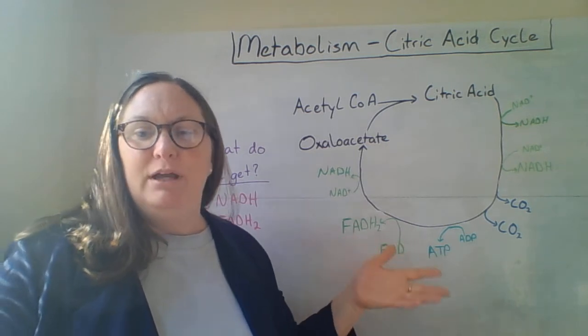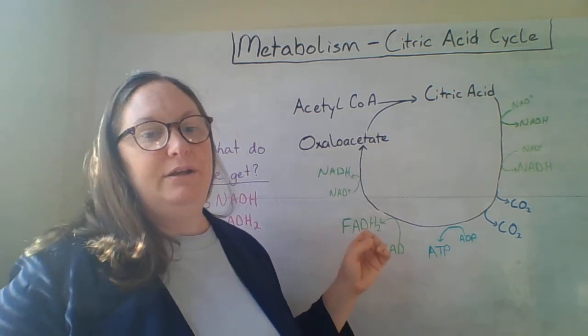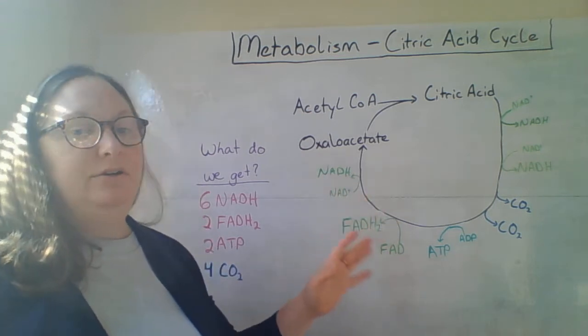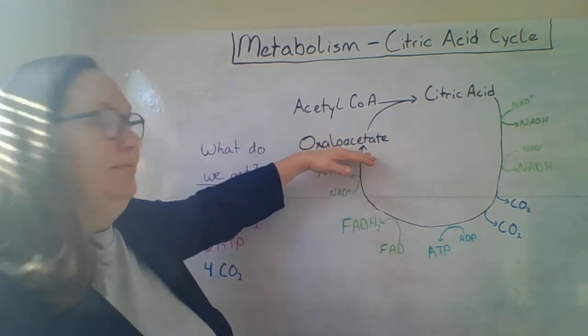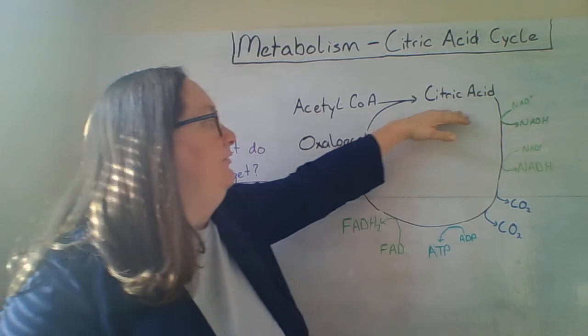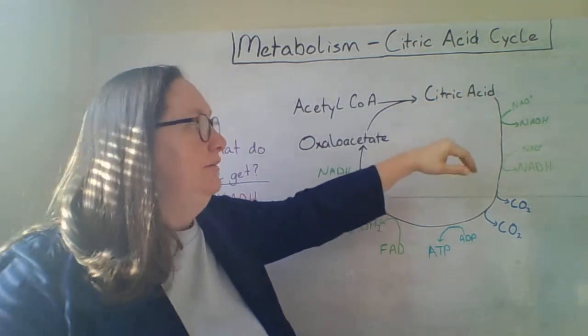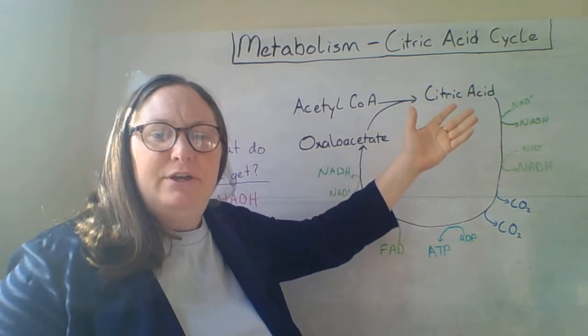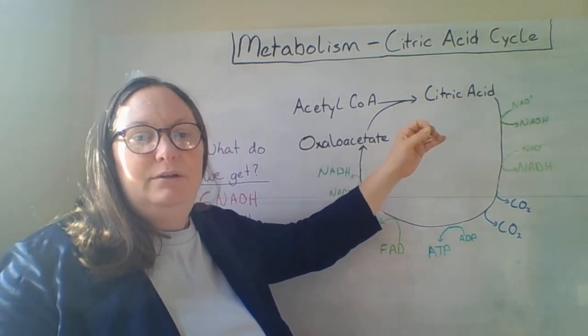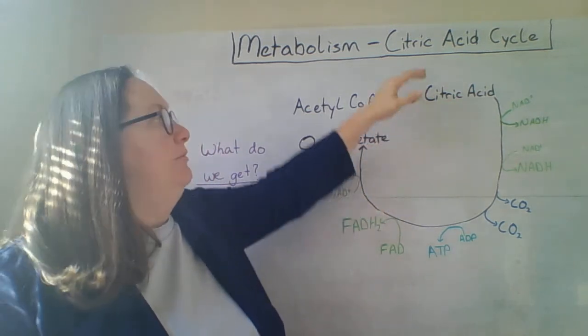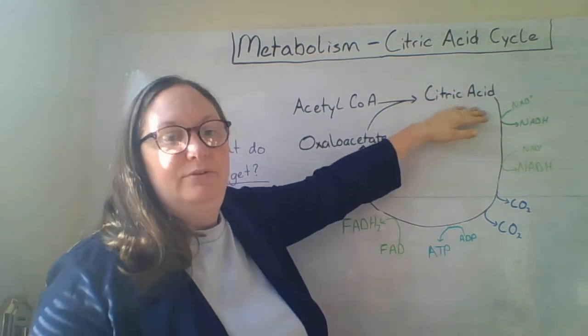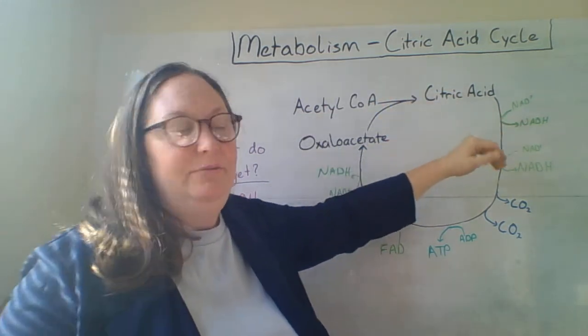I believe in microbiology you'll have to know this. But for us, what I want you to know here is acetyl-CoA combines with oxaloacetate and you get citric acid. Oh, and look what it's called, citric acid cycle. You may have called it the Krebs cycle at some point, but it's easier to call it citric acid cycle since it's something you have to remember anyway.